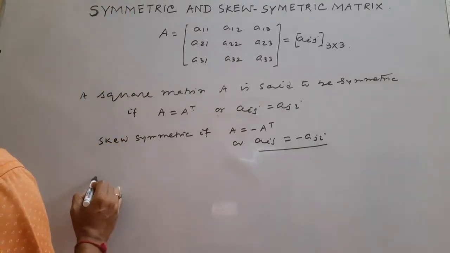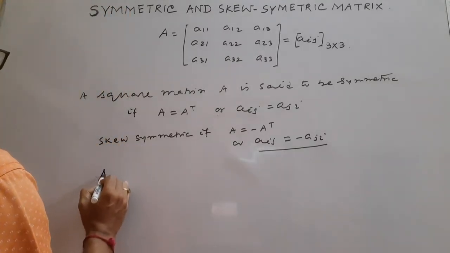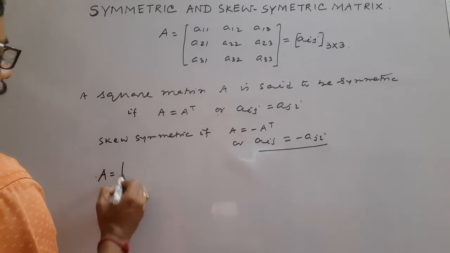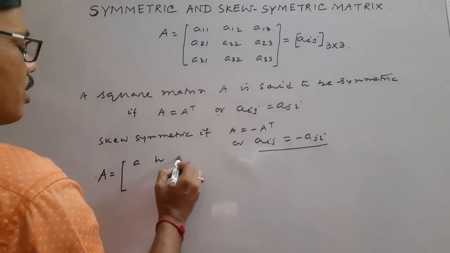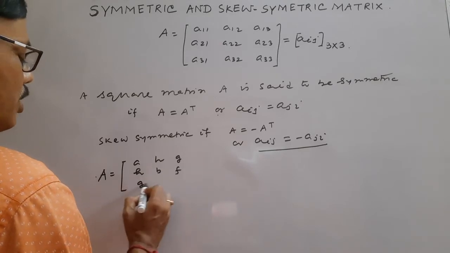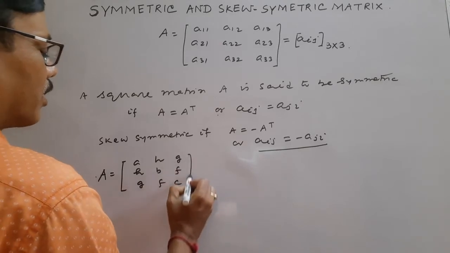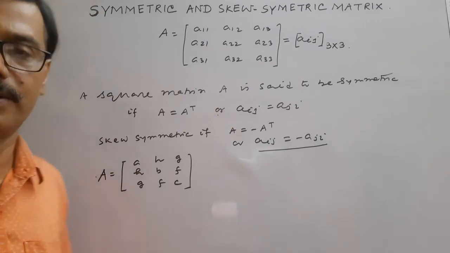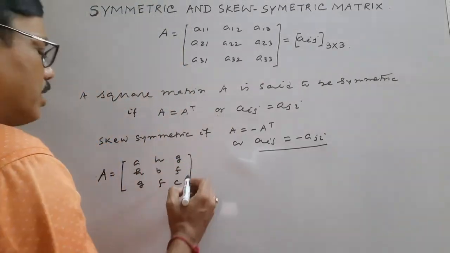So consider a matrix. Suppose A equals to A, A, G; H, B, F; G, F, C. So this is A. So what is A transpose?